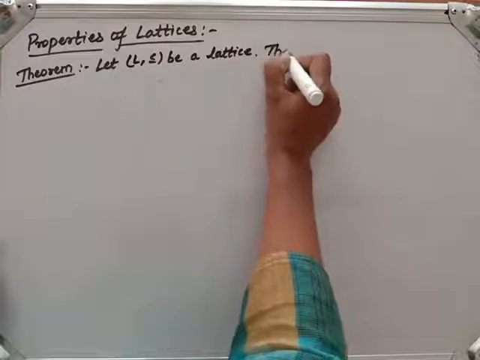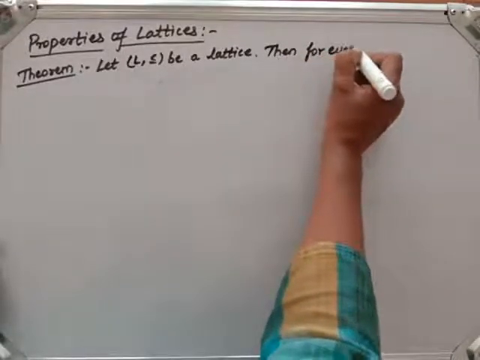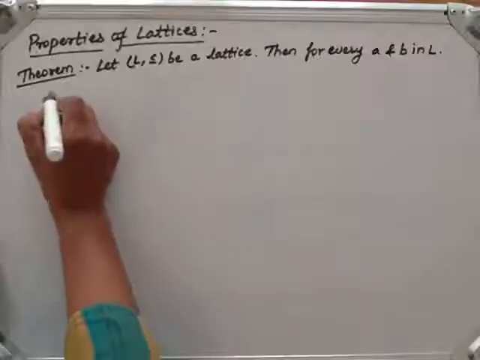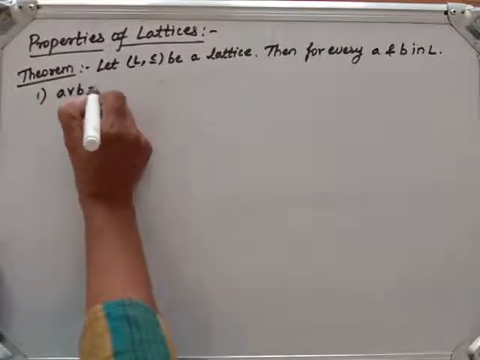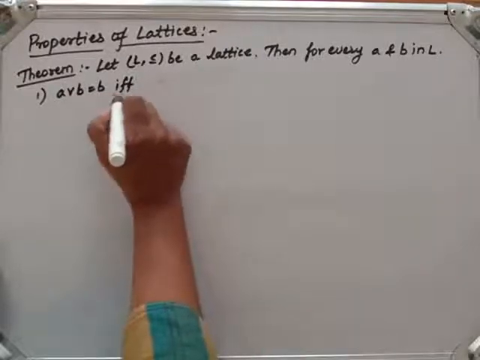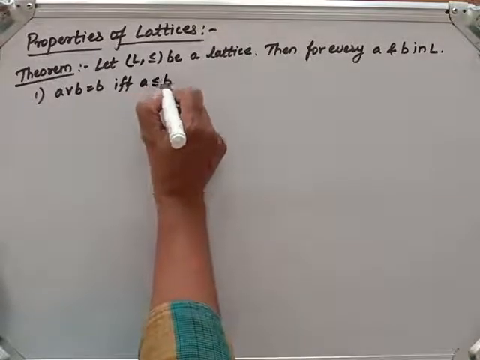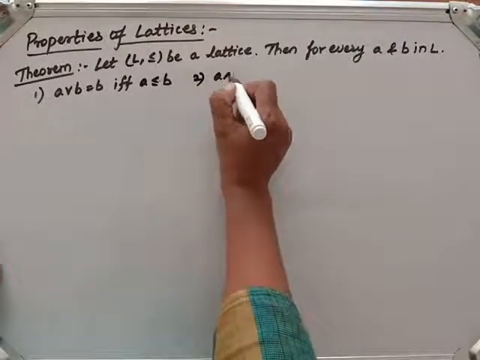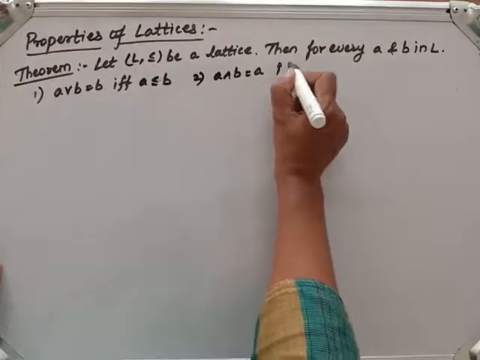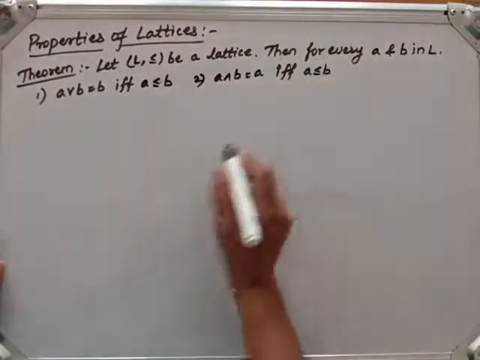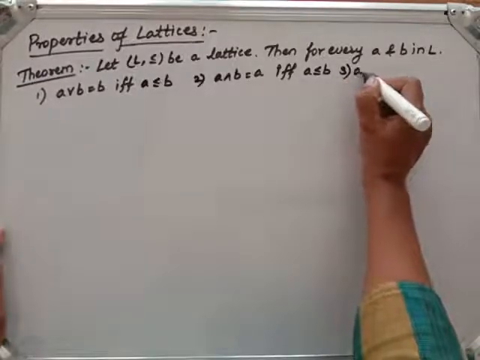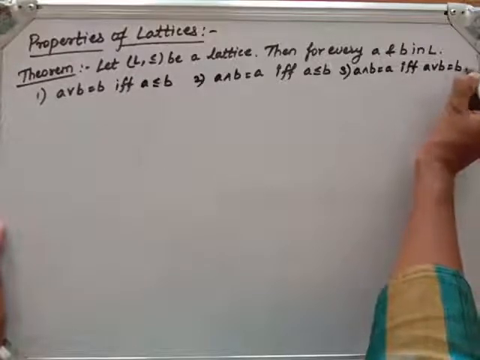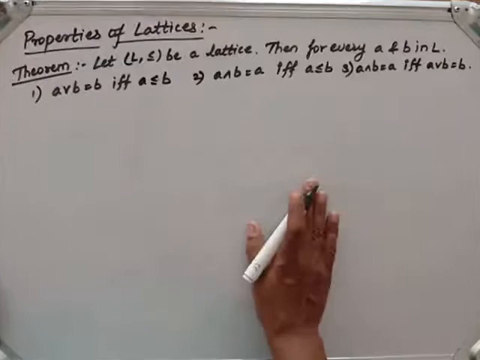Then for every A and B in L, first, A join B is equal to B if and only if A is less equal to B. Second, A meet B is equal to A if and only if A is related to B. And the third thing is that A meet B is equal to A if and only if A join B is equal to B. Now let us prove this one by one.